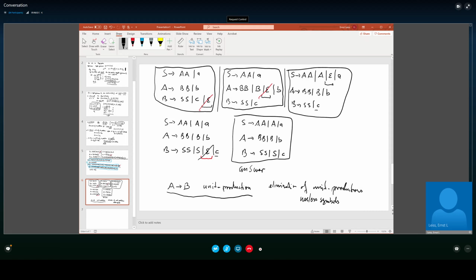In this case, we had B goes to epsilon, which we eliminated going from here to there. When it pops up again, there is no point in doing it again, because whatever functionality that production would afford us has already been provided.